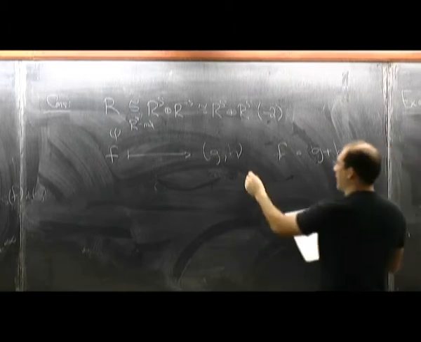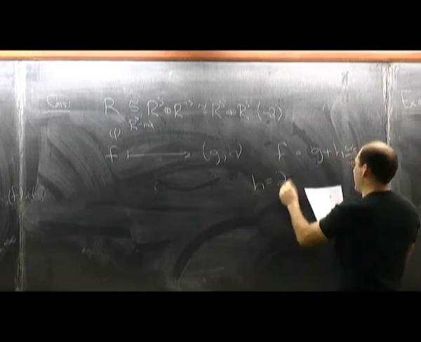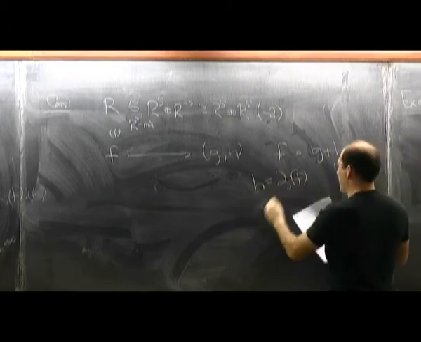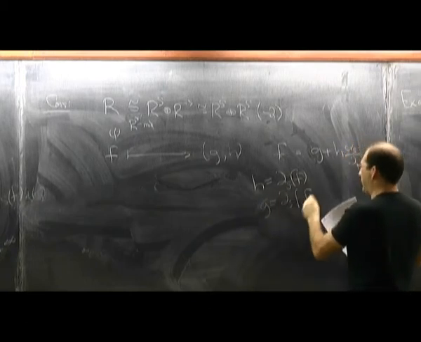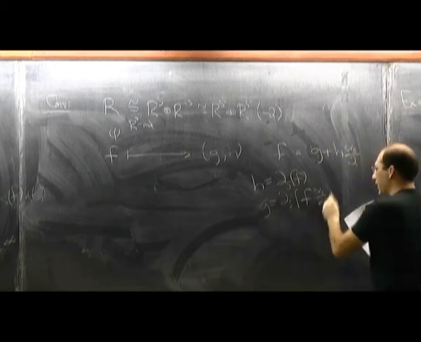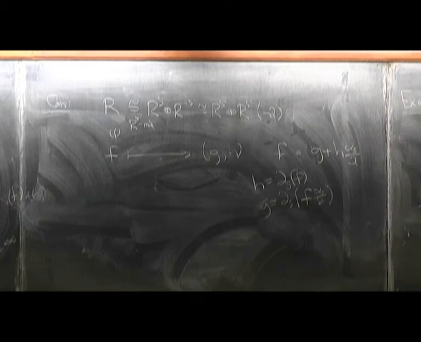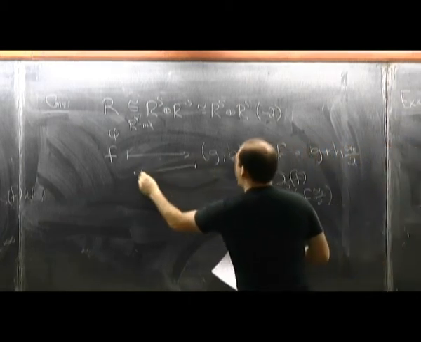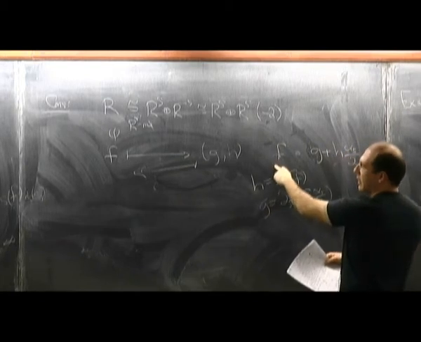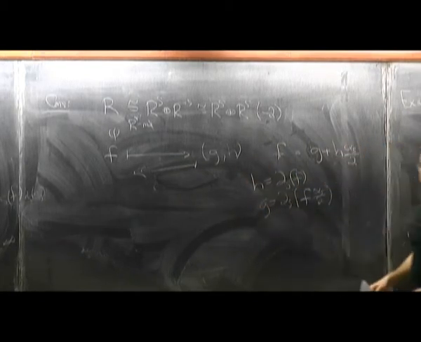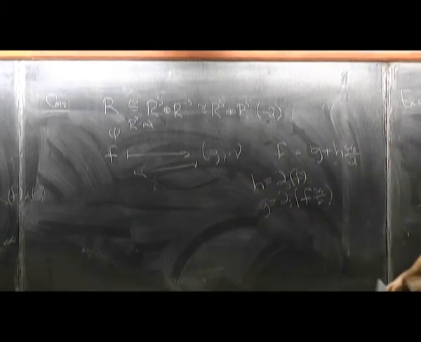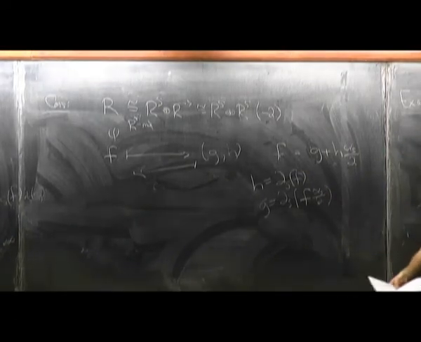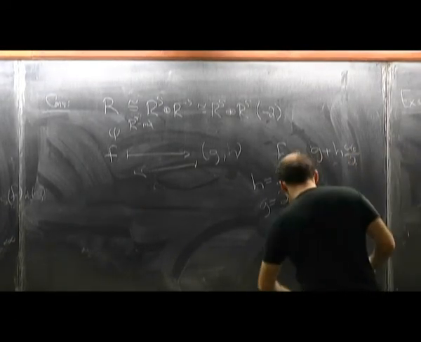And to get these things, you let h be ds of f, and g be ds of f times alpha s over 2. And you can check that this gives you, so I guess the map going backwards is given by this. The map going forwards is given by these two formulas. You can check that this gives you the isomorphism. So lots of fun little exercises.